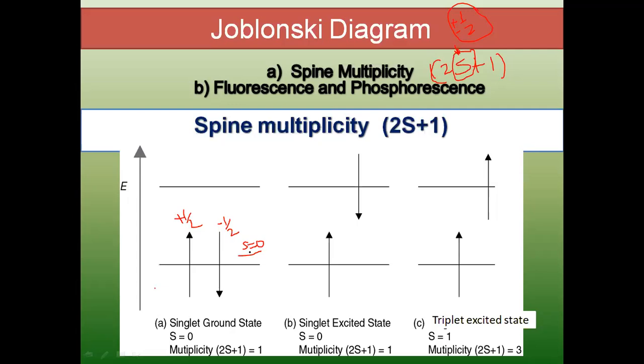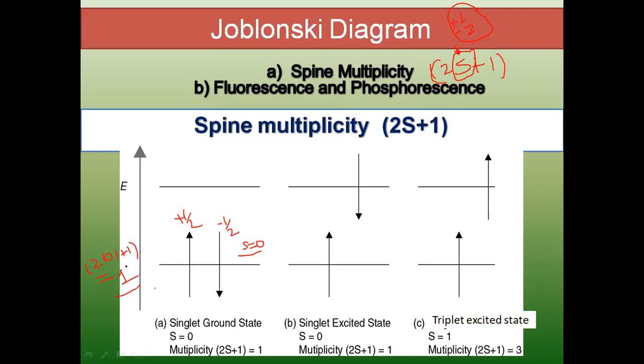Then put the value S equal to 0 in the spin multiplicity. So this is 2 into 0, plus 1. That is equal to 1, right? 2 into 0 is 0, plus 1 is 1. So spin multiplicity is 1.